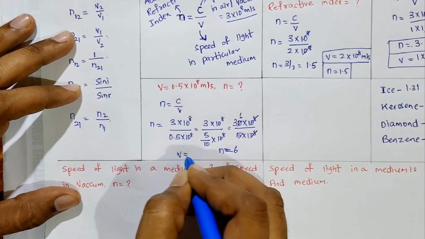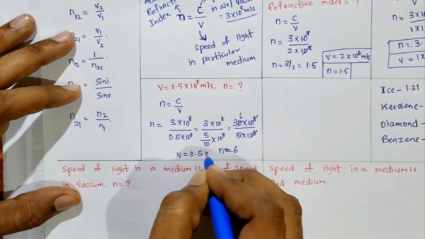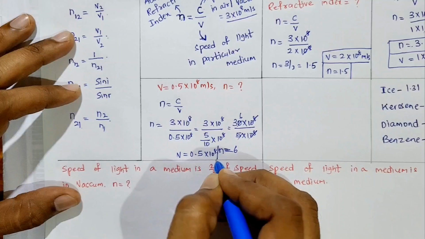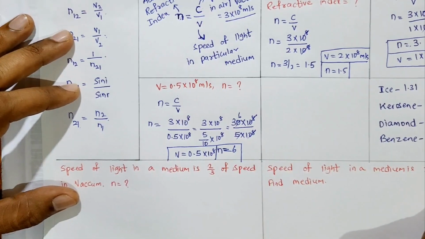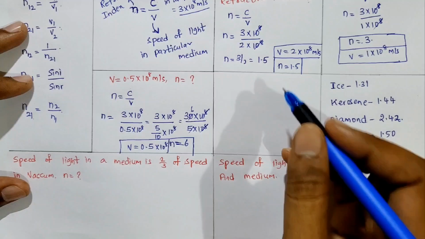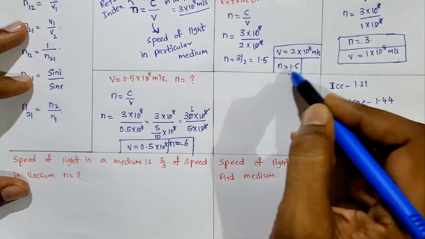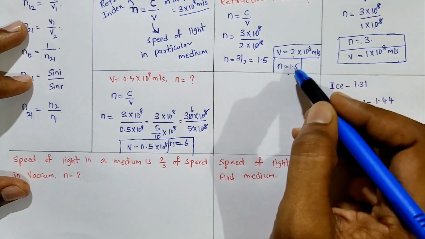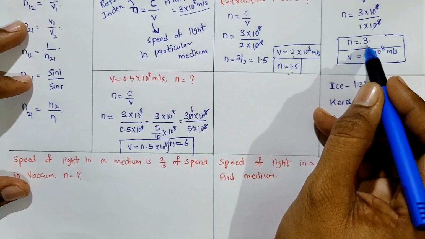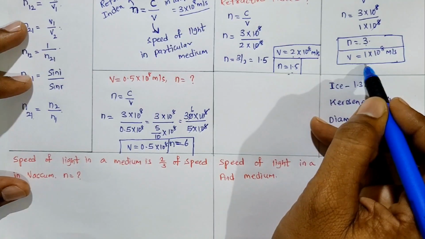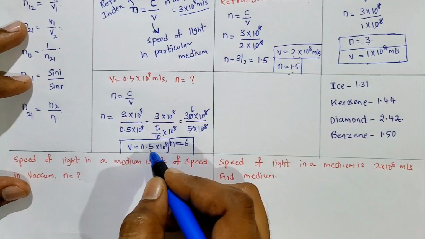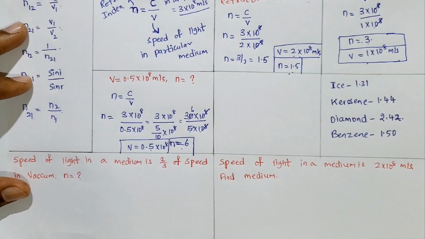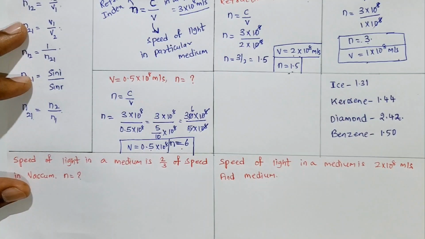What is v value? v value is 0.5 into 10 to the power of 8. Look at these three values now. n is equal to 1.5, speed is 2. Now n increased to 3, speed decreased to 1. Here see, n increased to 6, speed decreased to 0.5. What we have to understand now?